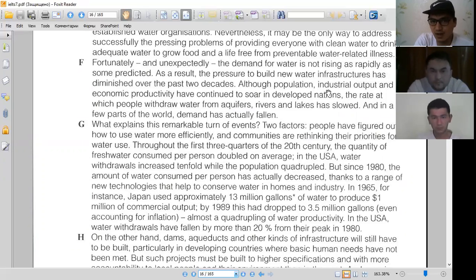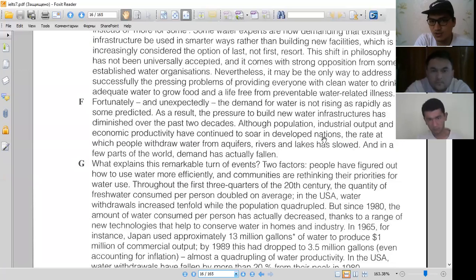Although population, industrial output, and economic productivity have continued to soar in developed nations, the rate at which people withdraw water from aquifers, rivers, and lakes has slowed. We know the although sentence means despite this, right? Despite population, industrial output and economic productivity having grown, in developed nations the rate at which people withdraw water has slowed.